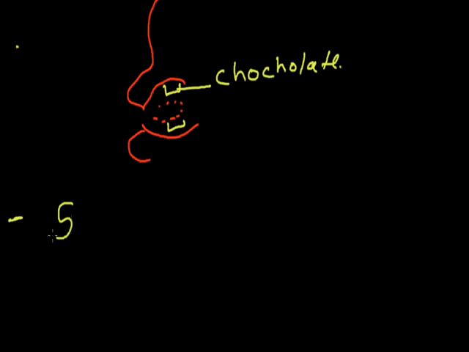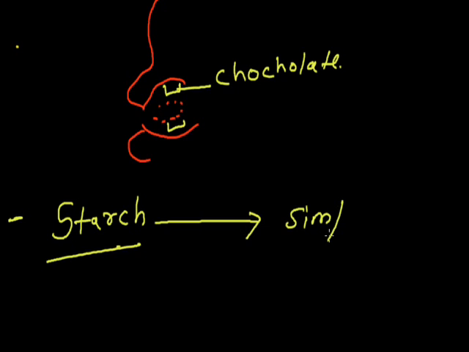Suppose we are eating carbohydrate such as starch. This starch will be converted into simple sugar by the action of the salivary enzyme.